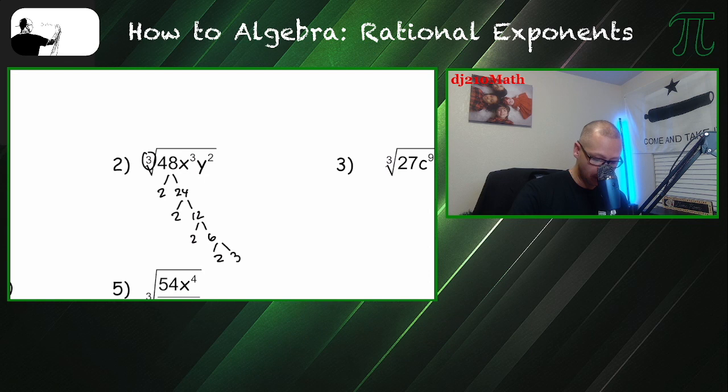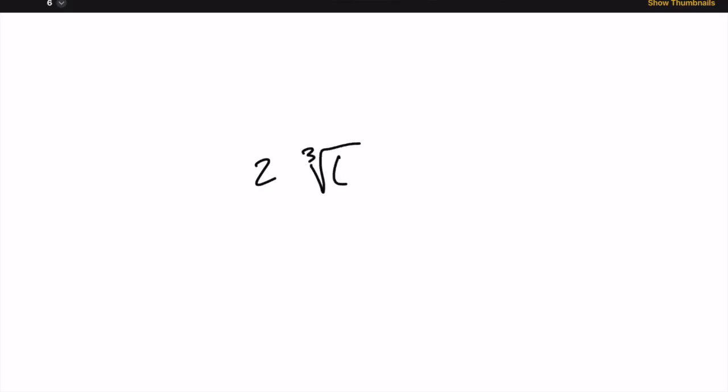Because it's a cubed root, I can group together 3 2s, and this will come out as a single 2, and then left behind 2 times 3, which is 6. We have x cubed, so x cubed is really x times x times x. So I can pull out these 3 x's as a single x. And then y squared, it's only 2 y's, so they stay behind.